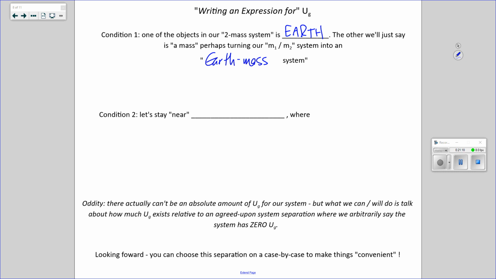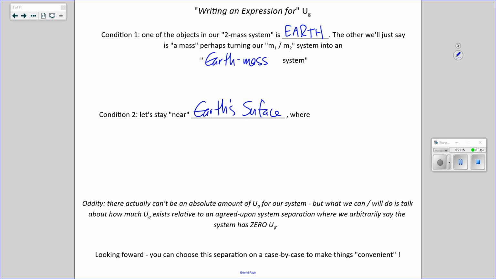Condition 2 is let's talk about near Earth's surface. The reason we do that is we're going to talk about the balls here in the room, so let's talk about things that happen in the room around us. Near Earth's surface gives us a nice bit of leeway. Earth's pretty darn big. Earth's radius is 6 million plus meters.